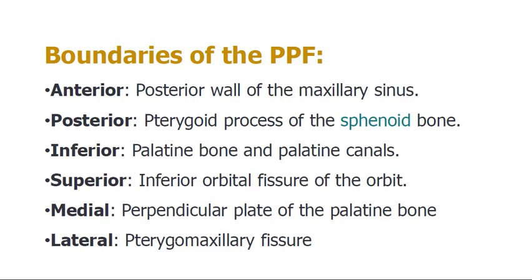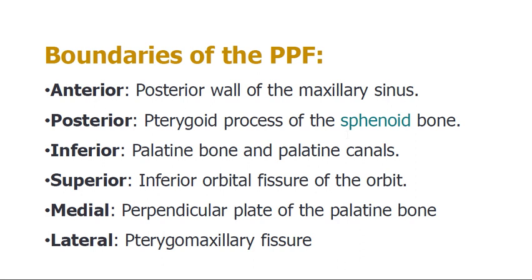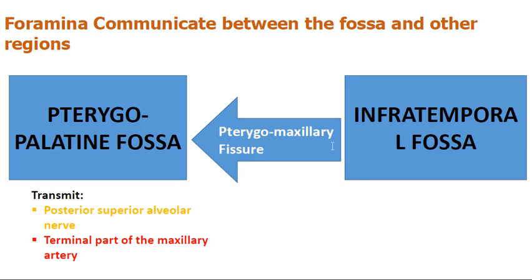And the lateral one is the pterygomaxillary fissure, which is evident here by this circle. This is the pterygomaxillary fissure, which is the communicating fissure between the infratemporal fossa here and the deep pterygopalatine fossa deep inside right here. Okay, these are the main boundaries of the fossa from different sides, and now we can make it more simple by this illustration.